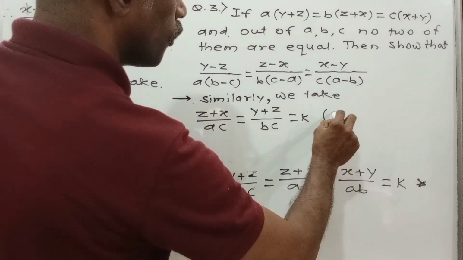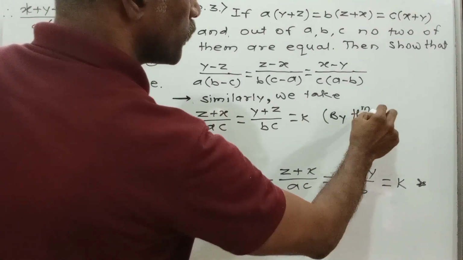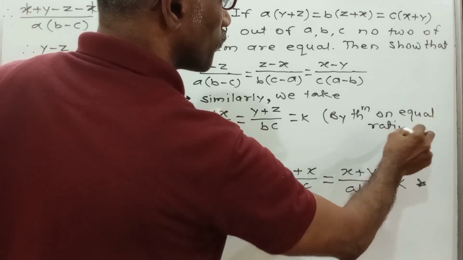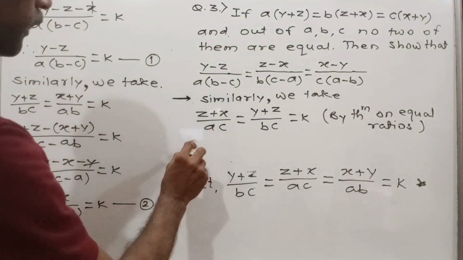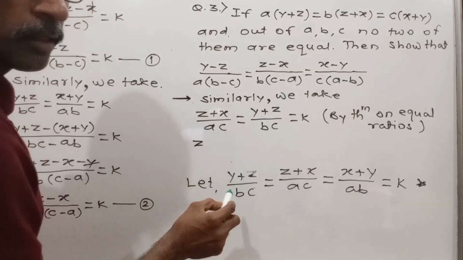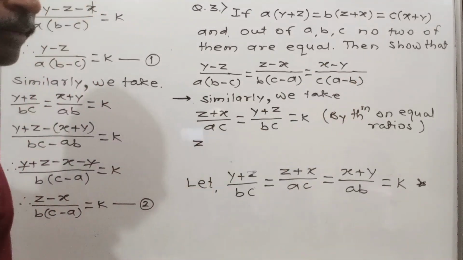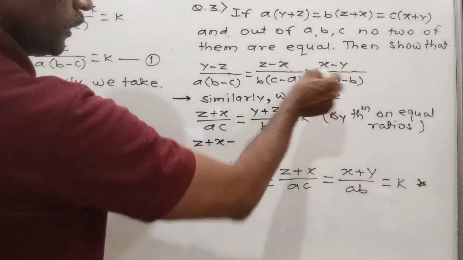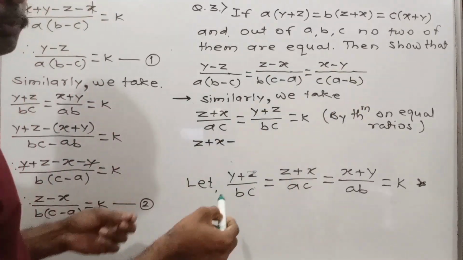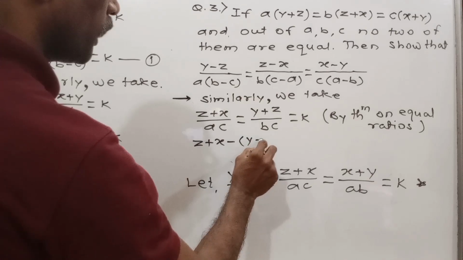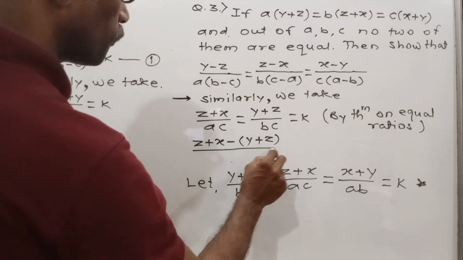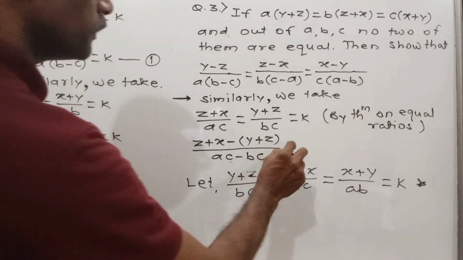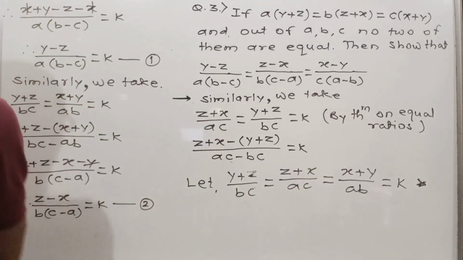Now, by the theorem on equal ratios, since we want minus here also, (z + x − (y + z))/(ac − bc) = k.